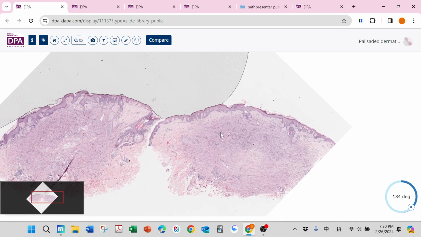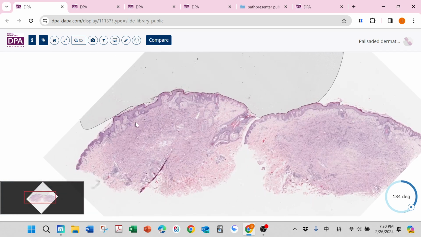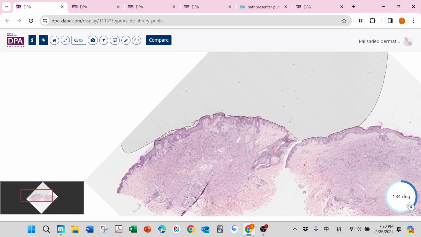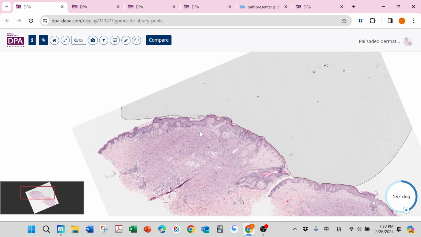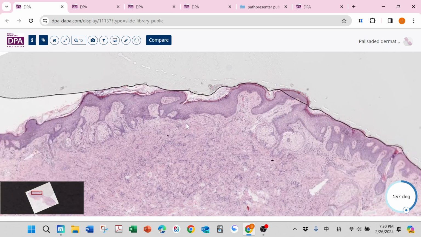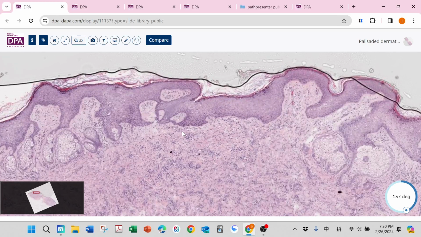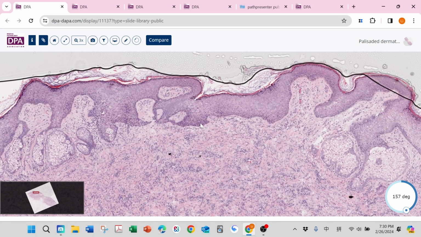This is another example of dermatofibroma, but this one I would just like to show you. You can see a lot of spacious glands on top of this lesion, and then some areas almost look like follicular induction.